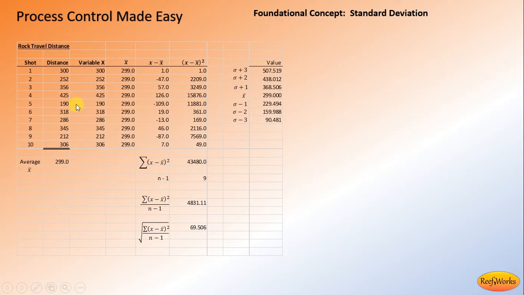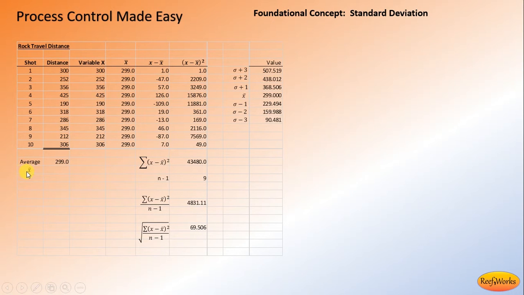The distance traveled, 300 inches or millimeters, whatever you want to call that, was our first shot. And then we go all the way down to the bottom here at 306. And if we add all these up and average them, we come up with 299.0. That's the symbol X bar.